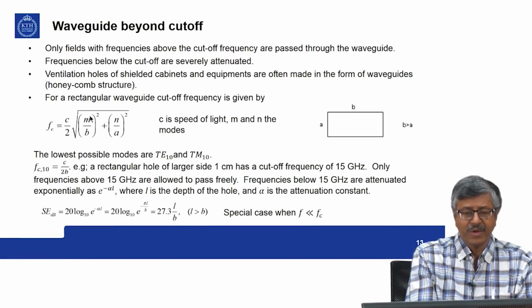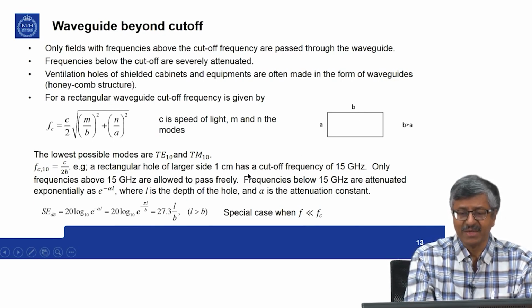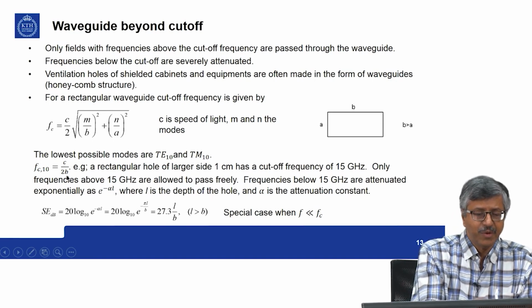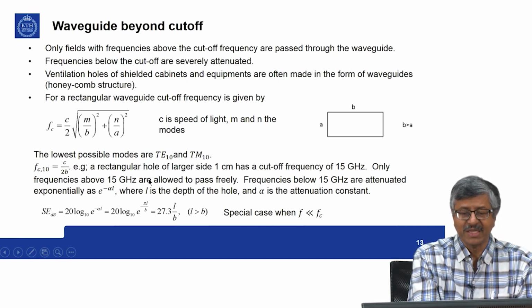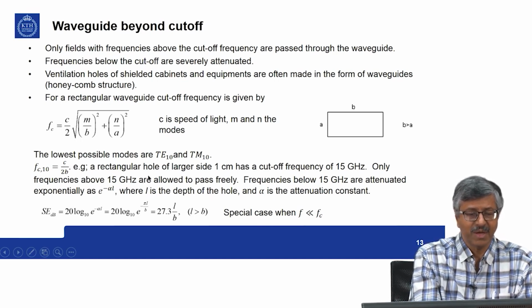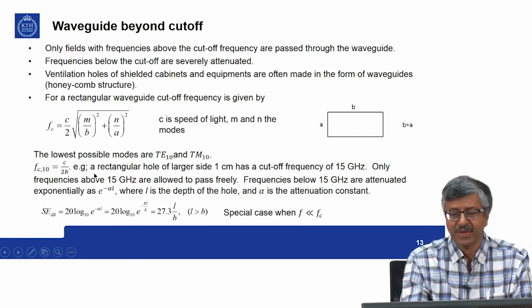Now, imagine a rectangular hole of larger side, that is B equal to 1 centimeter. So, if you put B here, then C by 2 is 1.5 into 10 to the power of 8 meters per second, and B is 0.01 meter.